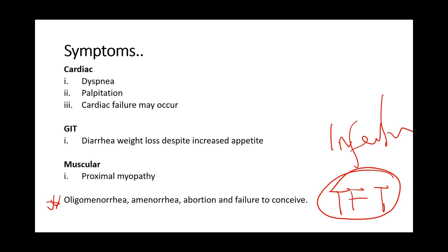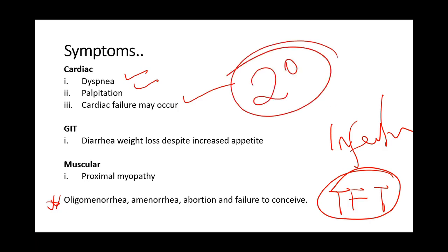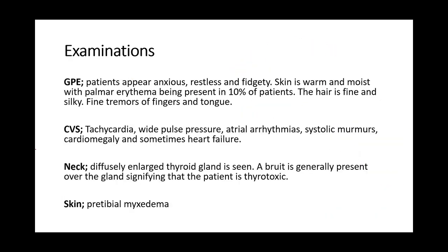Okay, now they could have cardiac symptoms like dyspnea, palpitations, okay? Cardiac failure may occur, especially in secondary thyrotoxicosis. We said they may have diarrhea, weight loss despite increased appetite, and in the musculoskeletal system, they have proximal myopathy.